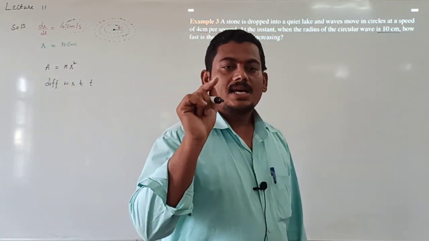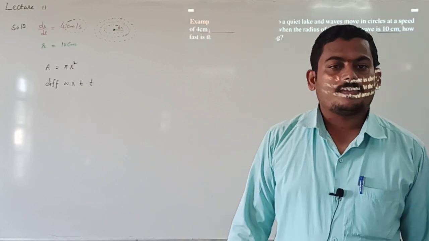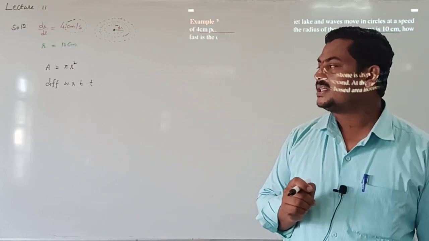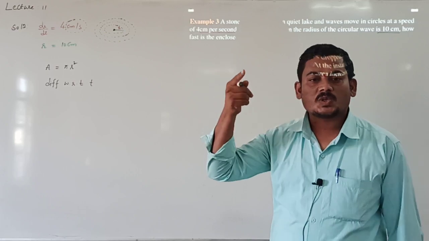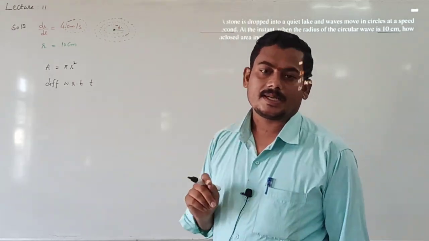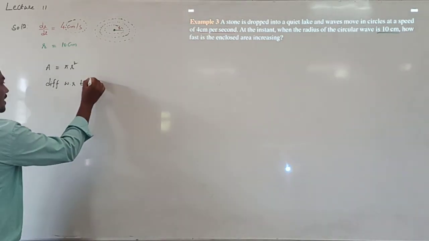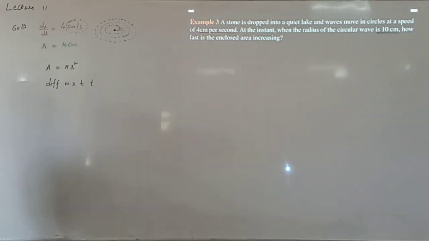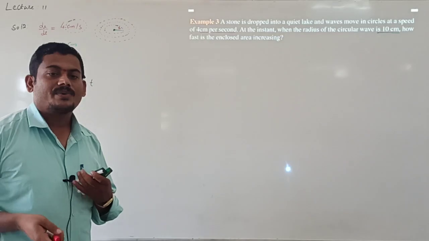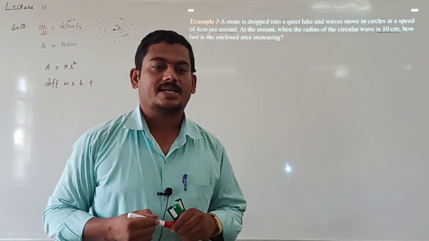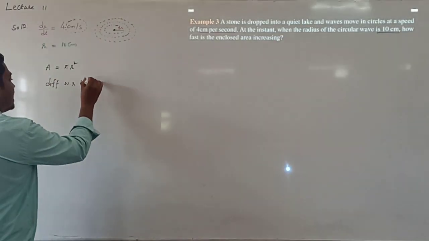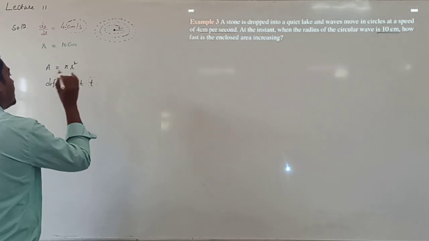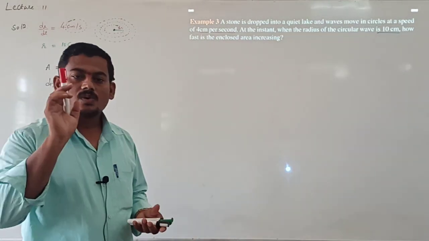Why? Because the radius is changing with time, so the area is also changing with time. Differentiating with respect to what variable is very important. With respect to t, not with respect to r.